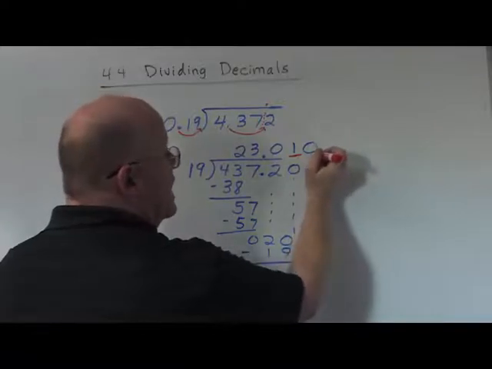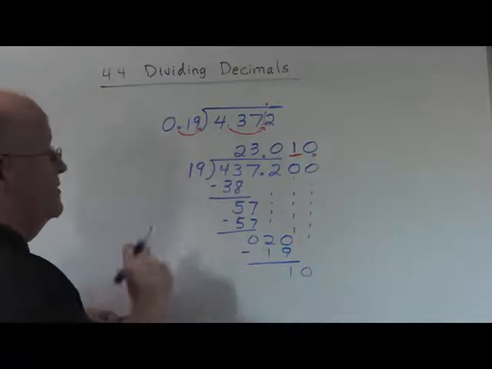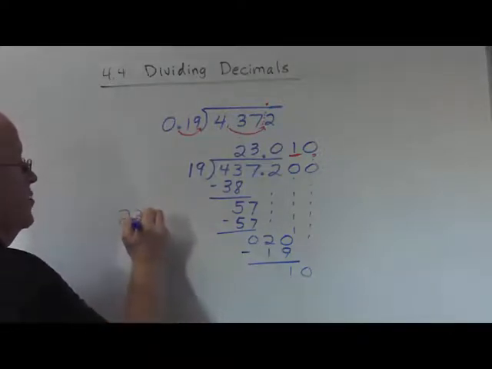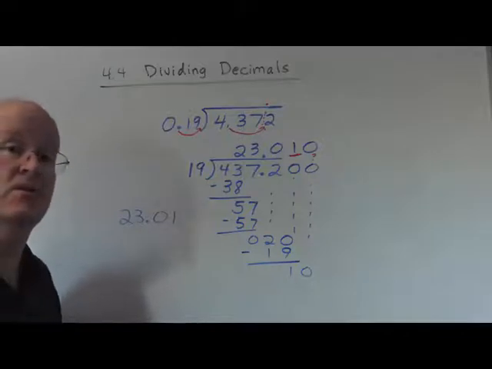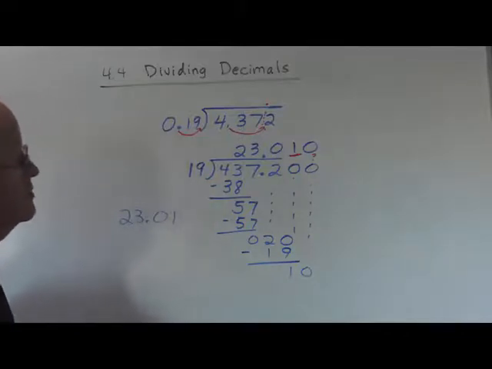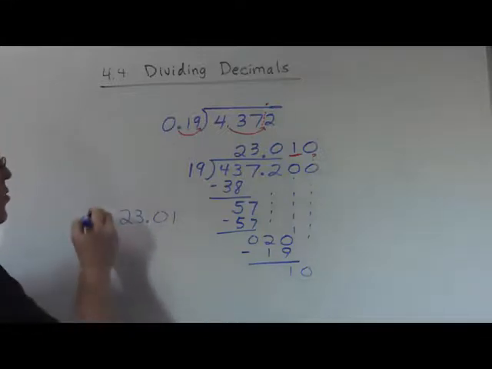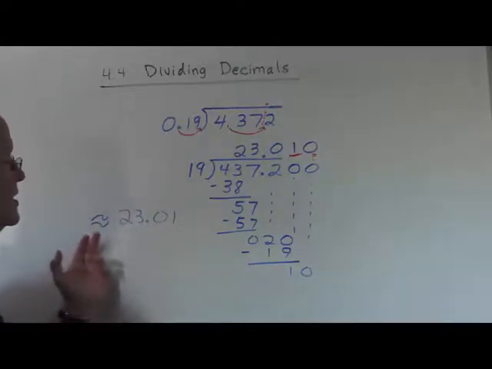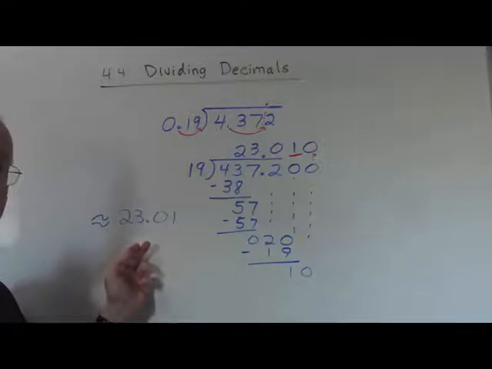The 0 after it would tell us to round down, and we would have 23.01 as our answer, rounded to the nearest hundredth. And usually we say our answer is approximately 23.01, and we write a squiggly equal bar instead to say that this is approximately 23.01 instead of exactly 23.01.